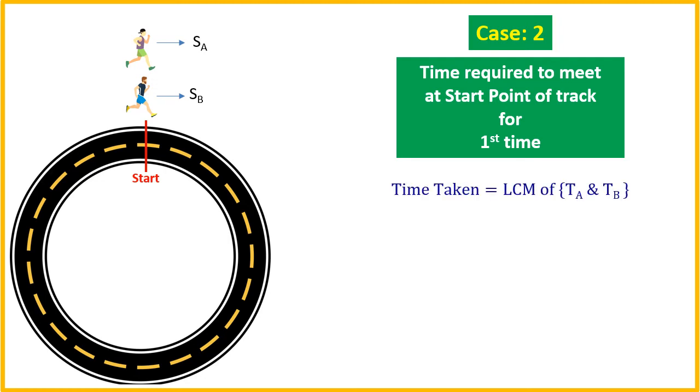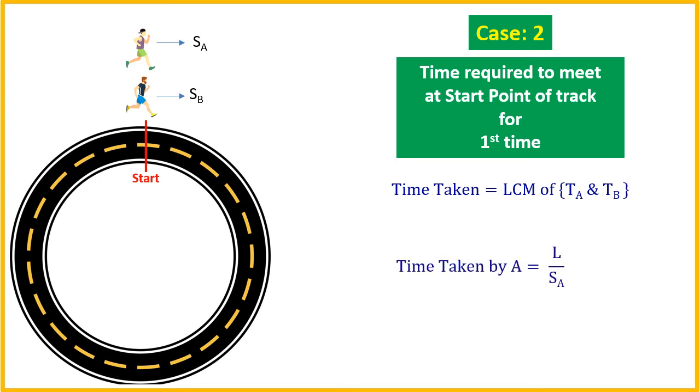How to find this out? This is nothing but the LCM of the time taken by A to cover one lap and the time taken by B to cover one lap. How to calculate the time taken by A to cover one lap?